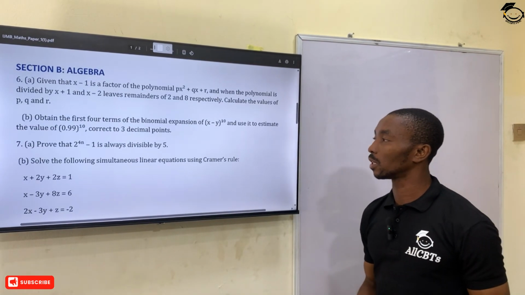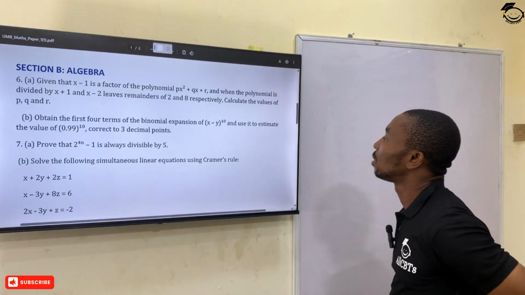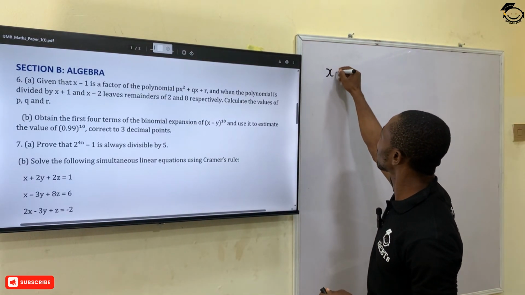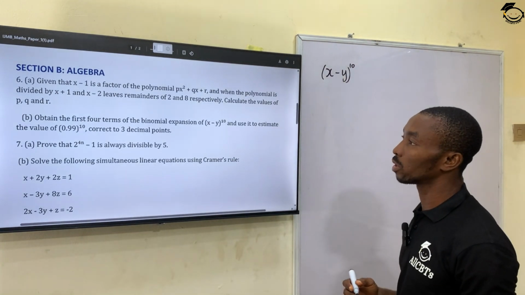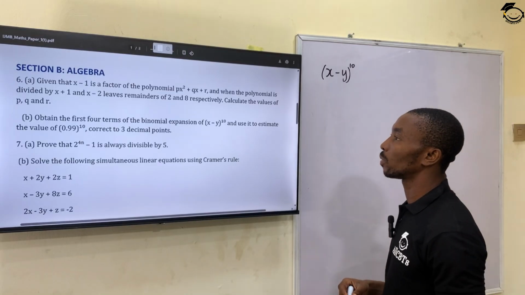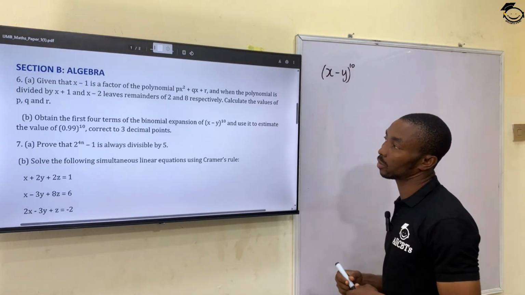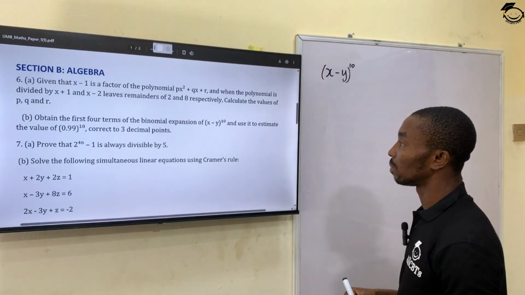Obtain the first 4 terms of the binomial expansion of (x minus y) raised to the power 10 and use it to estimate the value of 0.9 raised to the power 10, correct to 3 decimal points.